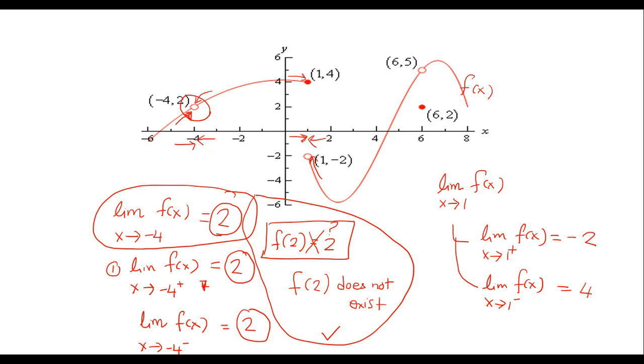Now you can see clearly that the limit of f(x) when x goes to 1 from the right is not equal to the limit when x goes to 1 from the left. Once these are not equal, that means the limit of f(x) does not exist.